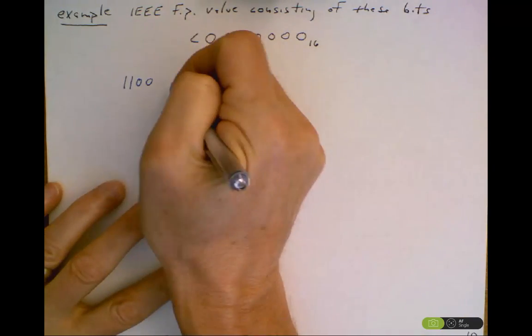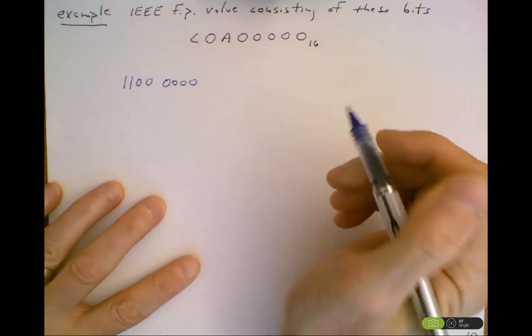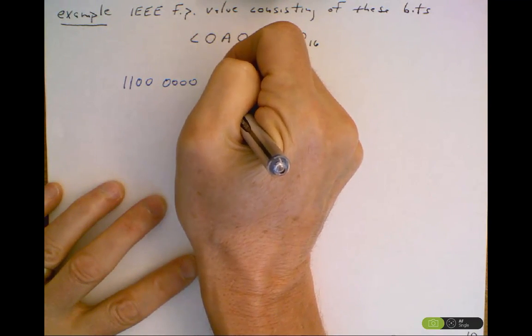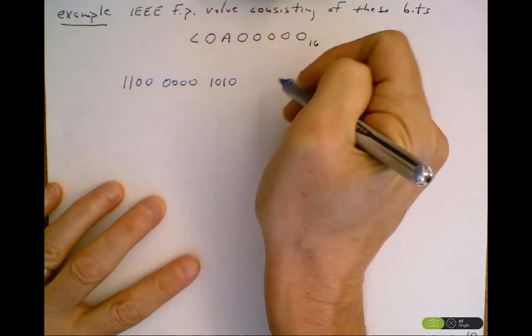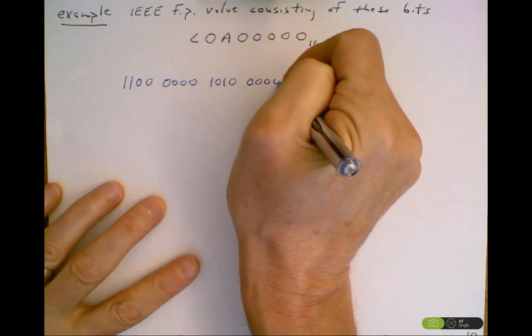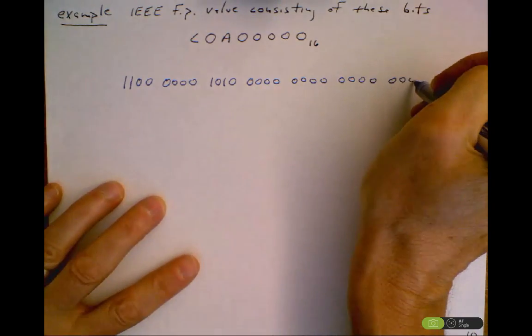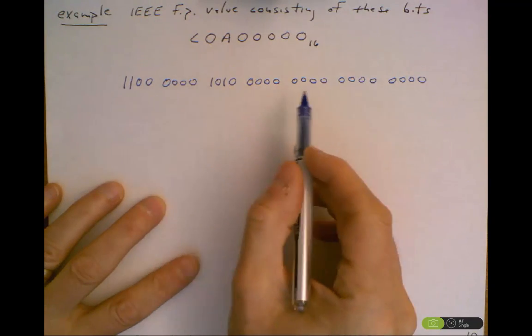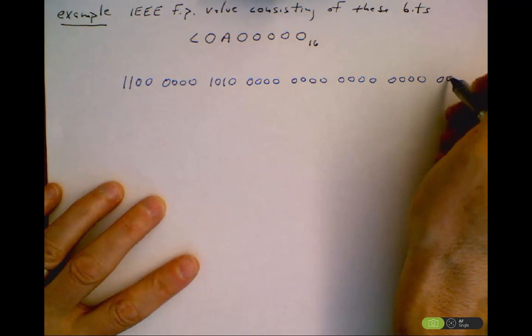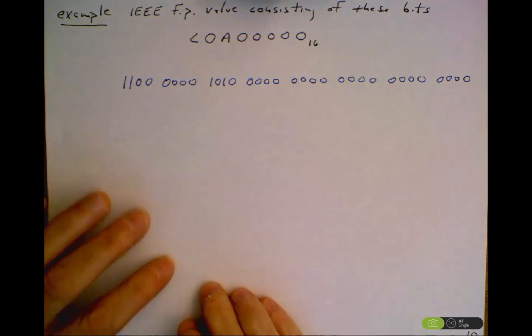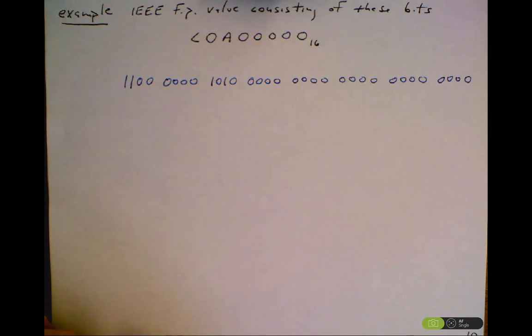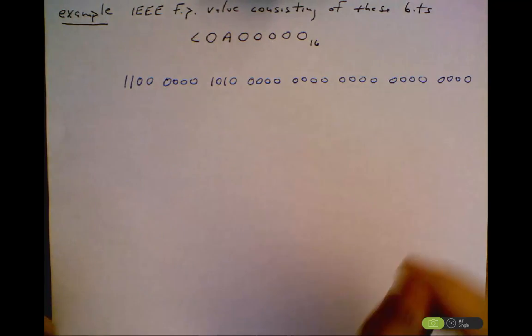1100 for the C, 0000. A is 1010, then a bunch of zeros. 1, 2, 3, 4, 5, 6, 7, 8. Okay. Again, it's 32 bits, so it's single precision.